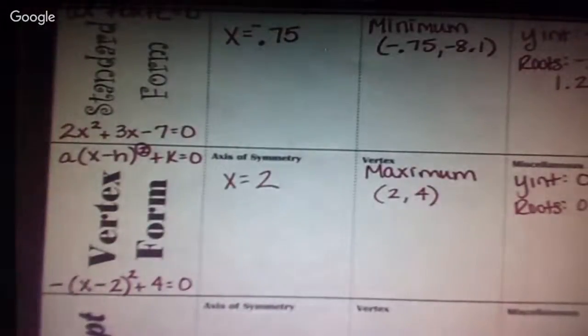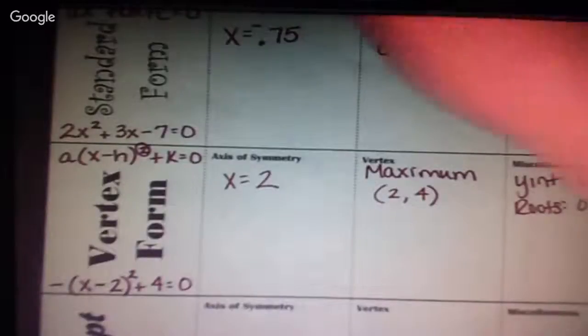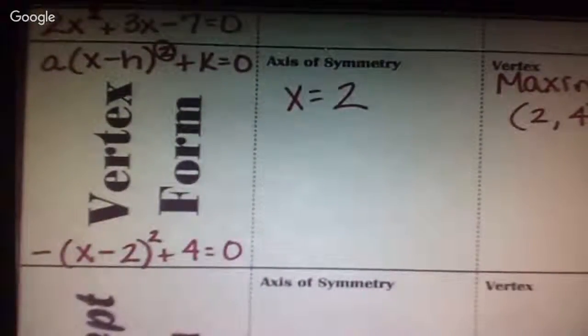Okay, do me a favor. Take a look at this equation and take a look at your maximum value. Negative h, which is negative 16.